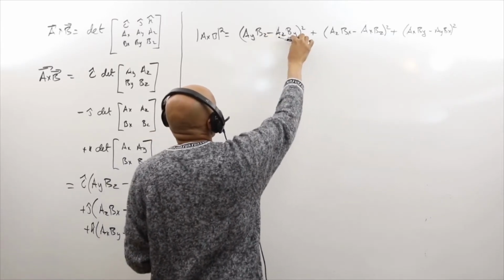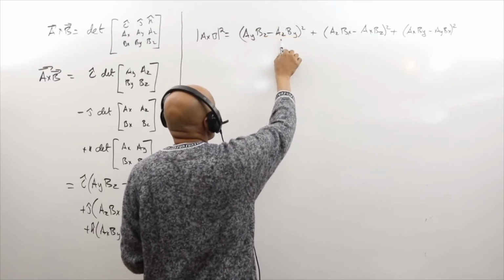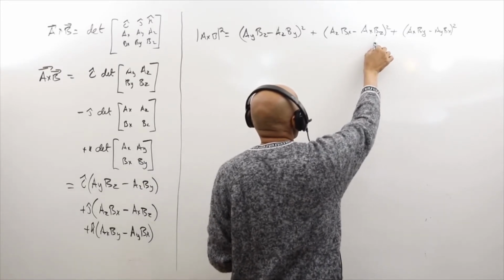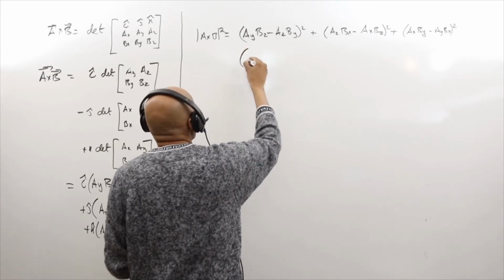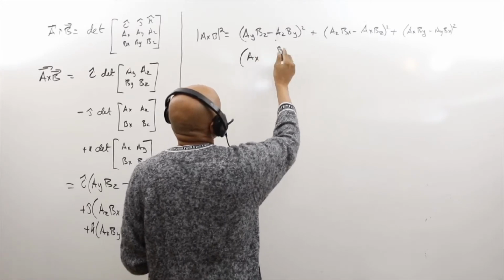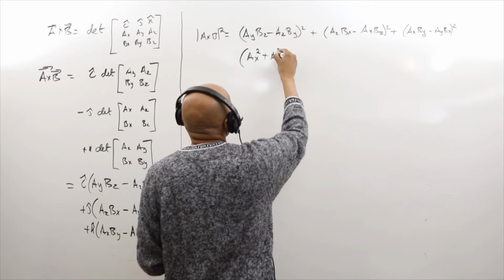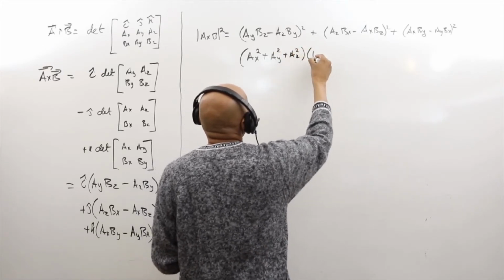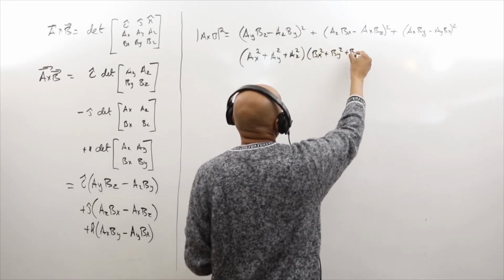These elements, Ay squared Bz squared, Az squared By squared, Az squared Bx squared and Ax squared Bz squared, can be constructed by taking the product of Ax squared plus Ay squared plus Az squared multiplied by Bx squared plus By squared plus Bz squared.